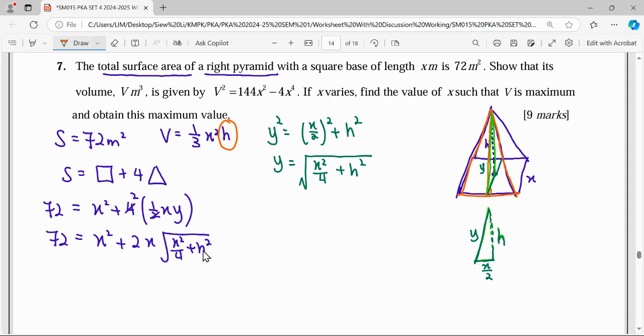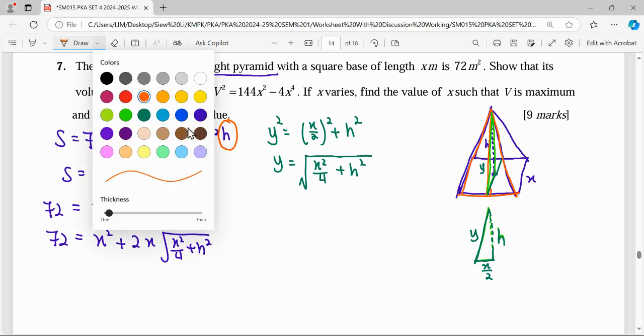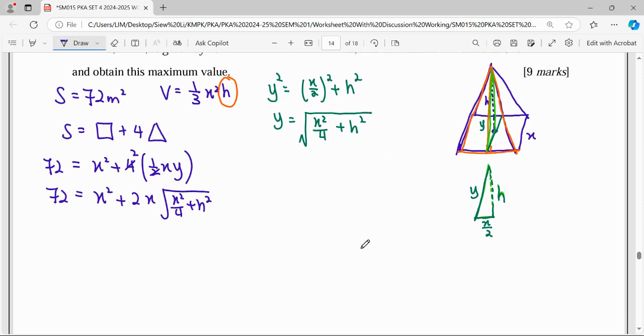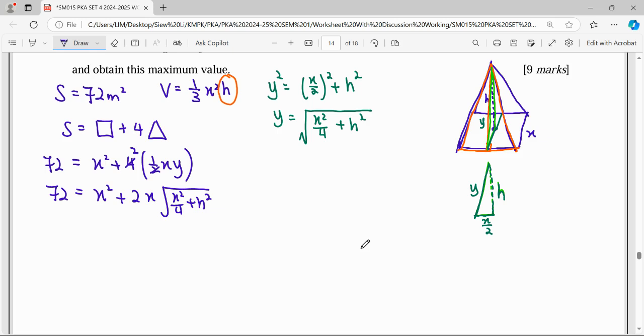So I want to know what h is here. Okay, take out the h, one by one. We make this one the subject. Move your 2x.